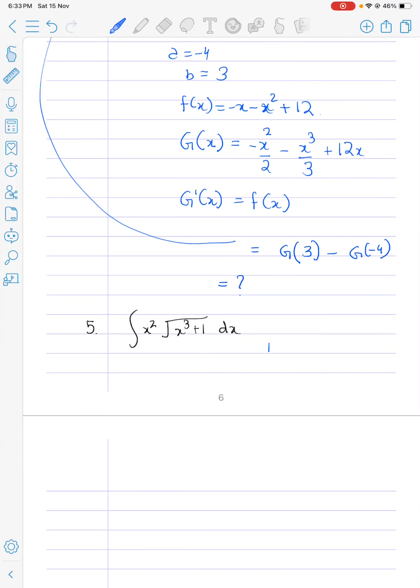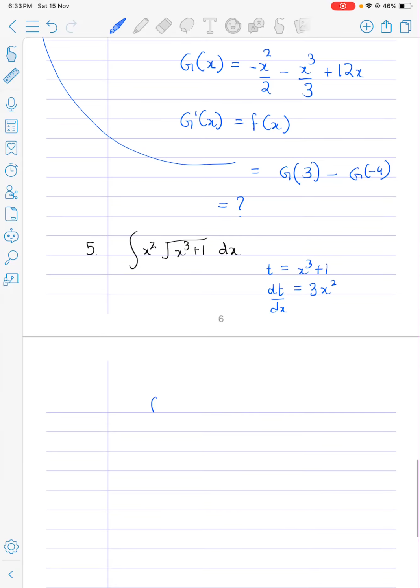I'm going to write t as x cube plus 1, and then dt by dx will be 3x square.